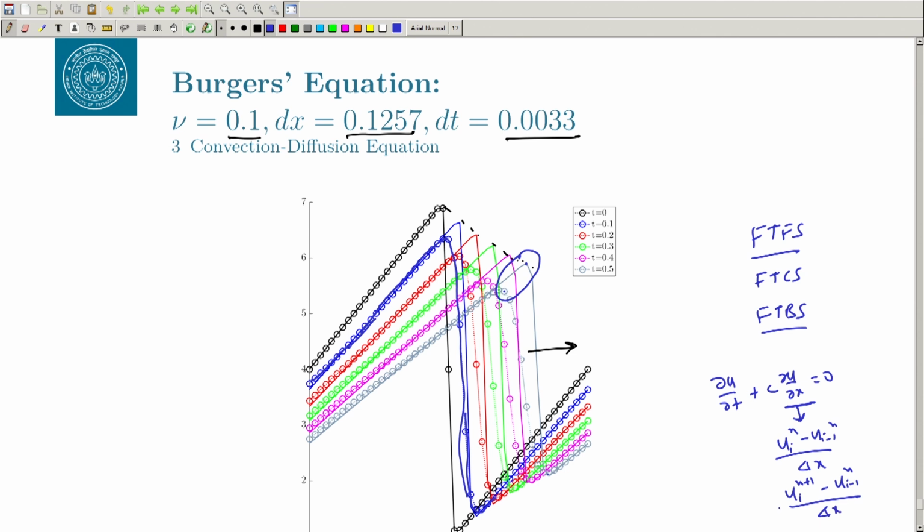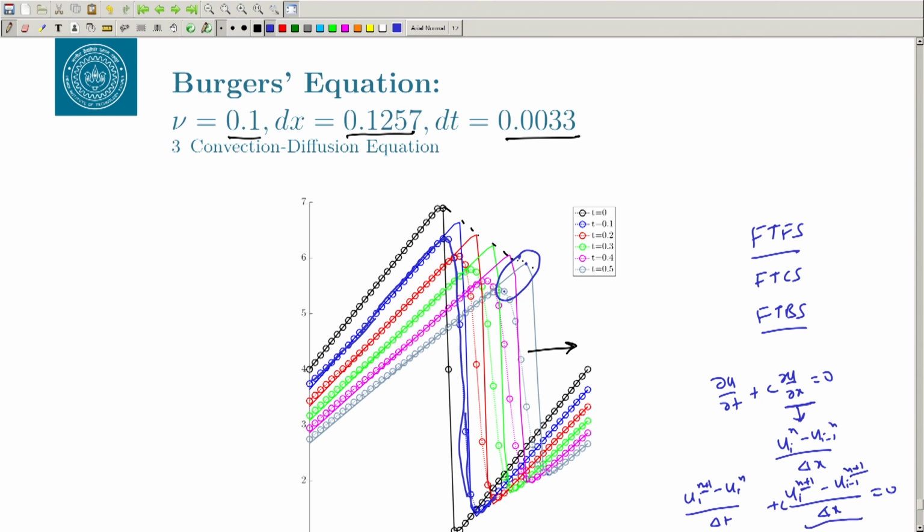Okay. So, this will be basically u i n plus 1 minus u i n by delta t is equal to 0. You can see that on the right hand side also this is at n plus 1, and this is also n plus 1.